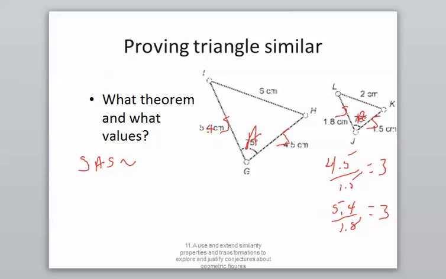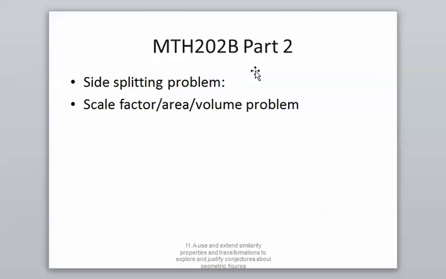Okay. So what would the part 2 problems look like? Well, you're going to have a side splitting problem. What does that mean? Any one of these problems that I've worked in here today where I've found the ratio and found a different side, that's a side splitting problem. You're going to have one that deals with the scale factor, the area and the volume scale factor. That means I'm going to give you enough information to find the scale factor for two sides, and you've got to find the scale factor for the area and the scale factor for the volume by squaring it and then by cubing it.